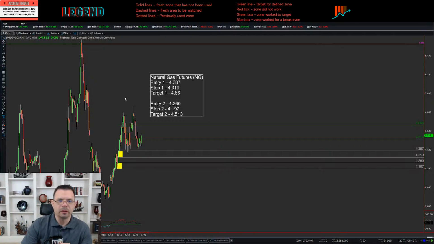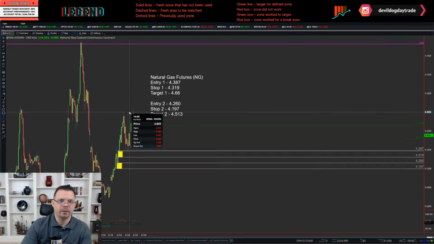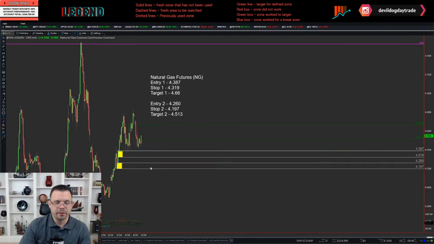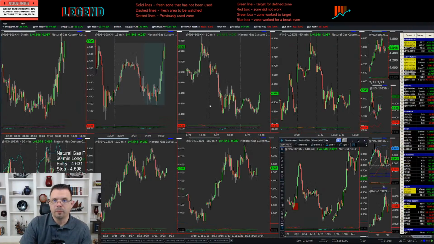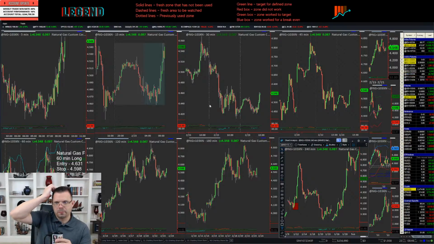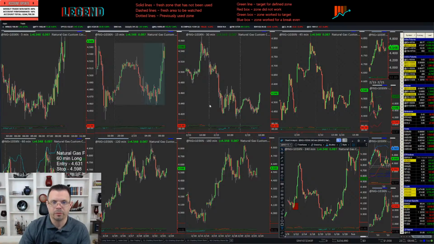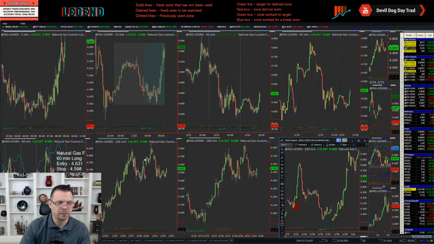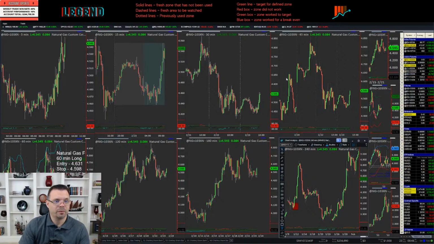Again, remember, if we close above this pivot to the left here, the second trade down here comes off the table. But for right now, it is still on. And again, we are biased to the long now for the lower time frame trades. But I am not seeing anything worth taking there.